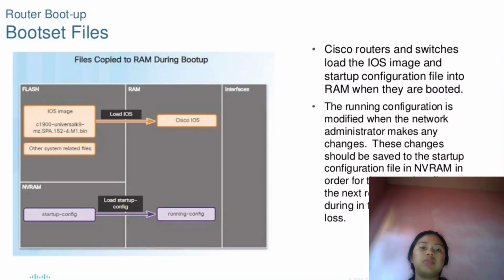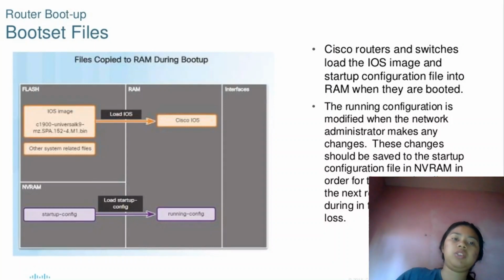Cisco routers and switches load the IOS image and startup configuration file into RAM when they are booted. The running configuration is modified when the network administrator makes any changes.